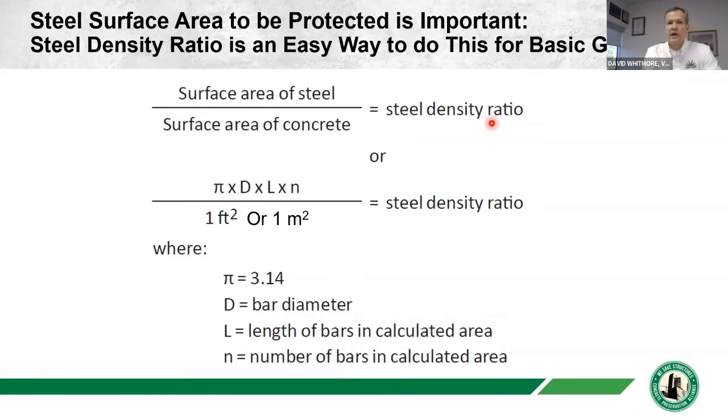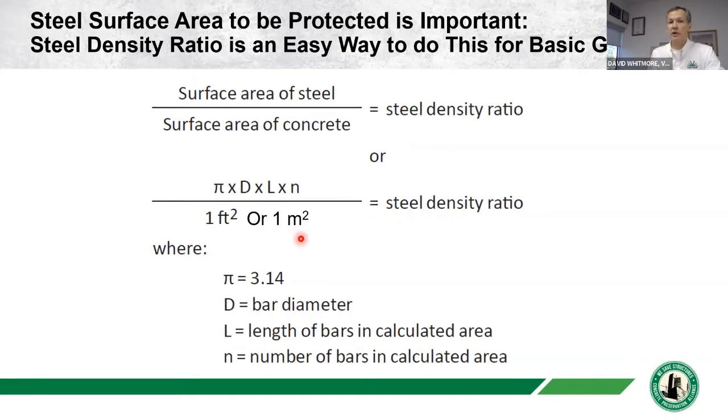Calculating the steel density ratio basically involves calculating the surface area of each individual reinforcing steel bar within the footprint that you're talking about, which is simply pi times the diameter times the length times the number of bars, and do that for each different size of bar that you have. In Australia, as we do here in Canada, we would typically use 1 square meter as a typical concrete footprint.